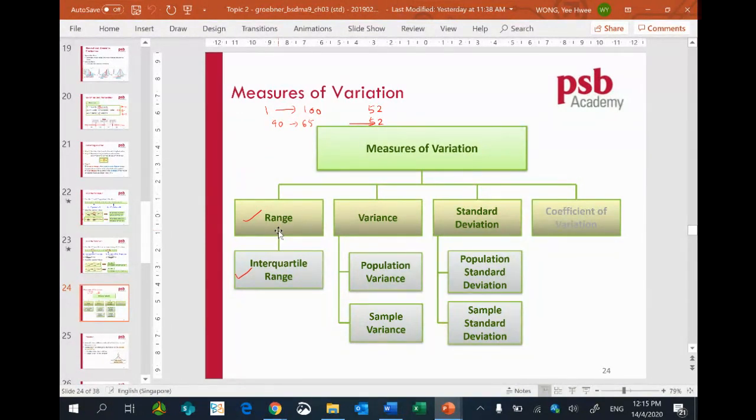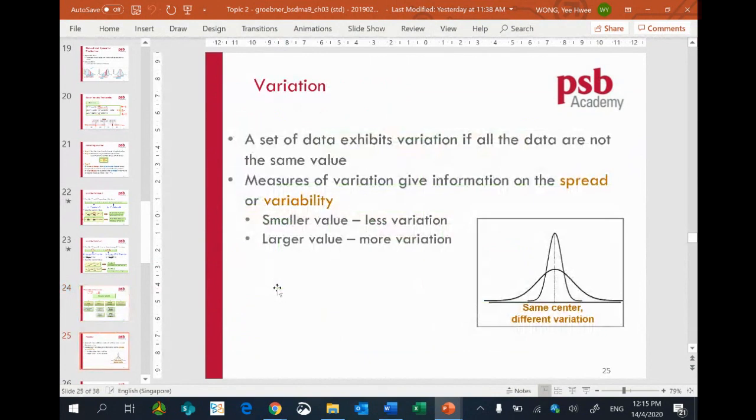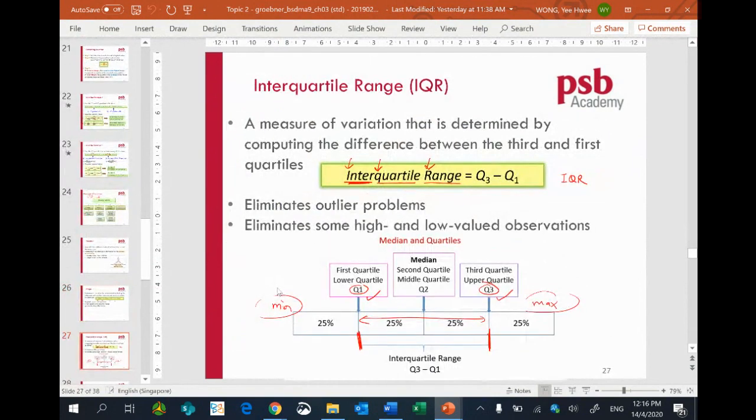So how to handle this situation? We're going to use an interquartile range. Interquartile range will only cover Q1 to Q3. So it disregards the minimum, disregards the maximum. So you will get a more accurate spread, which gives you the 50% range in the middle.